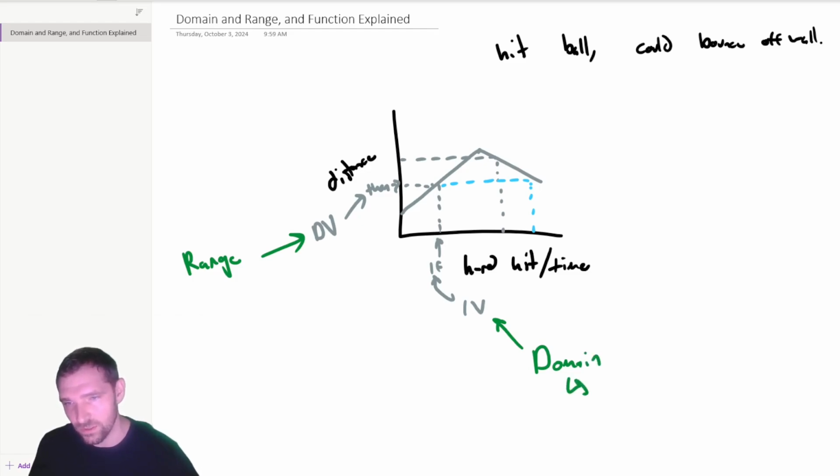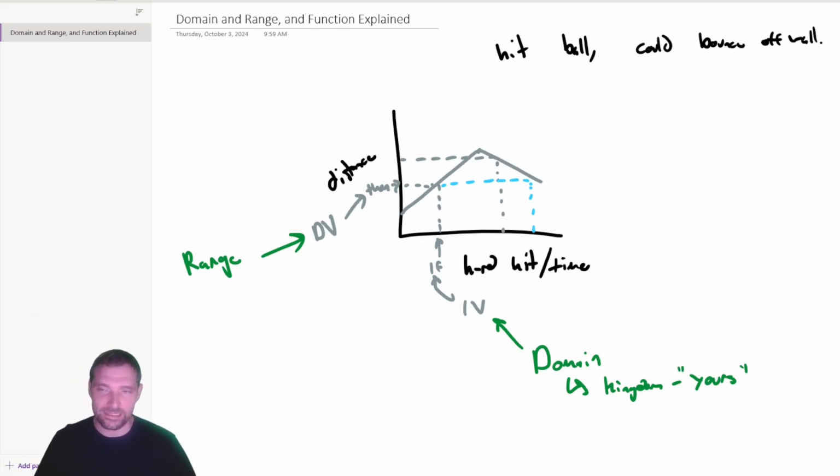If you know domain, this is kind of like a kingdom. This is like yours. So you're plugging this in. That is your domain, and then it spits out a range of possible values that could be acceptable. So you are determining what gets plugged in, and then it spits something out.